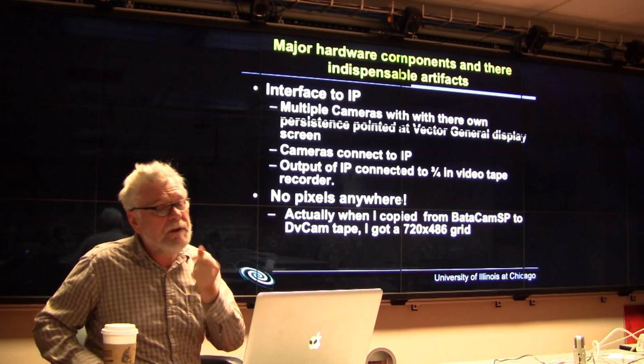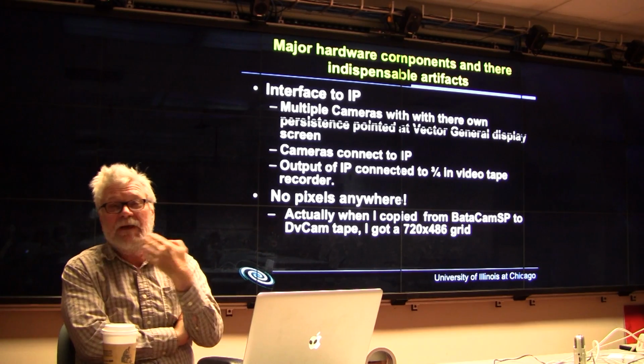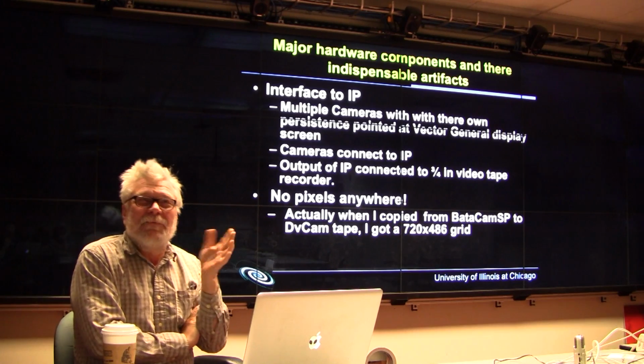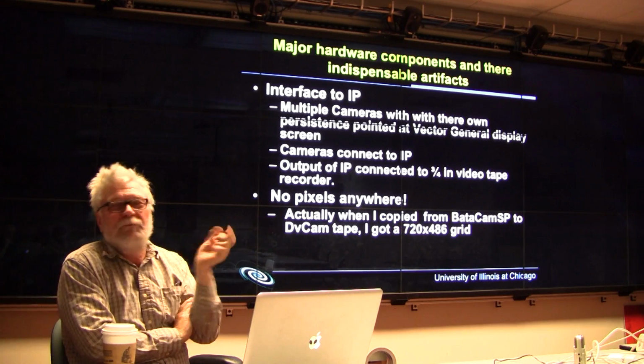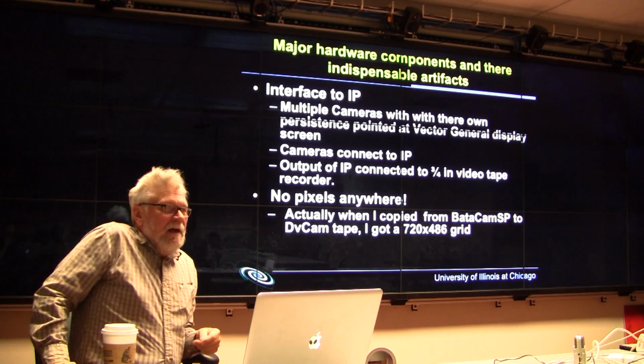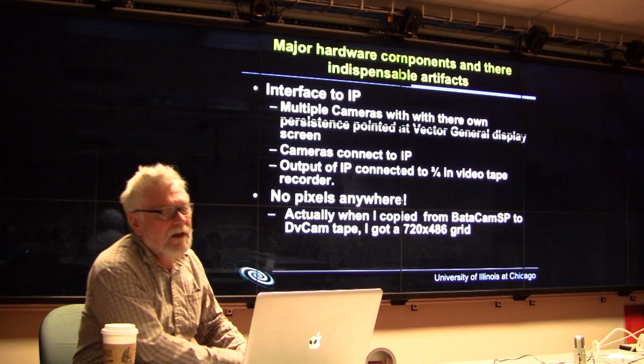The interface to the IP, there were multiple cameras with their own persistence. Those cameras of those time periods, the image did not get completely wiped off when it was read out. They were called Vidicons, and so there was actually persistence of vision, so to speak, in the cameras themselves.